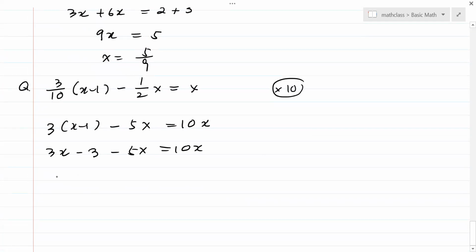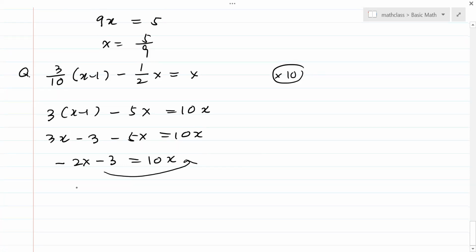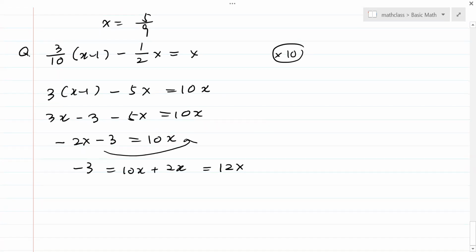So 3x minus 5x is 2x. And I decided to move 2x to the left and negative 3 to the right hand side. -3 equals 10x plus 2x, which is 12x. Right? Then you divide both sides by 12.